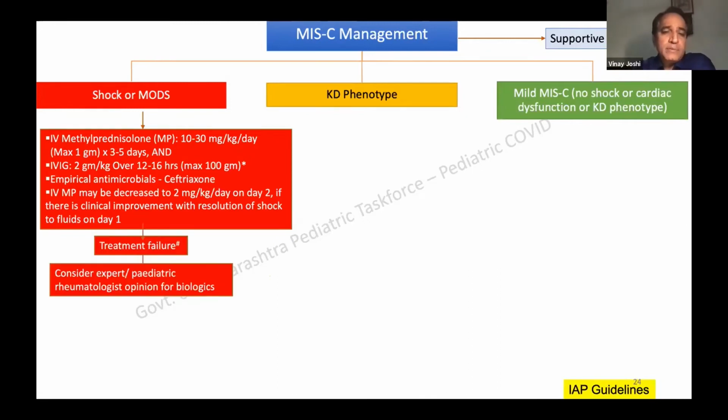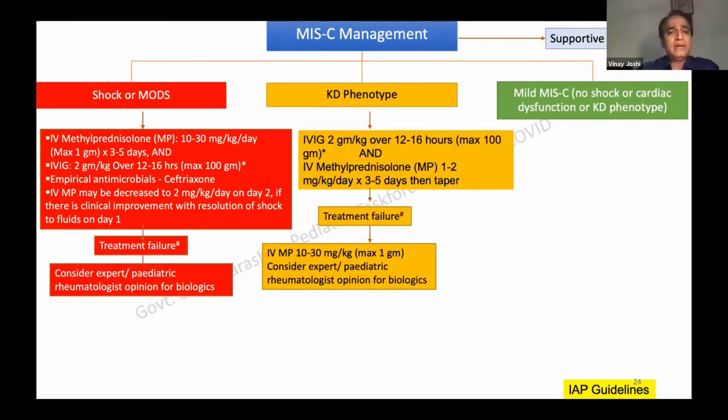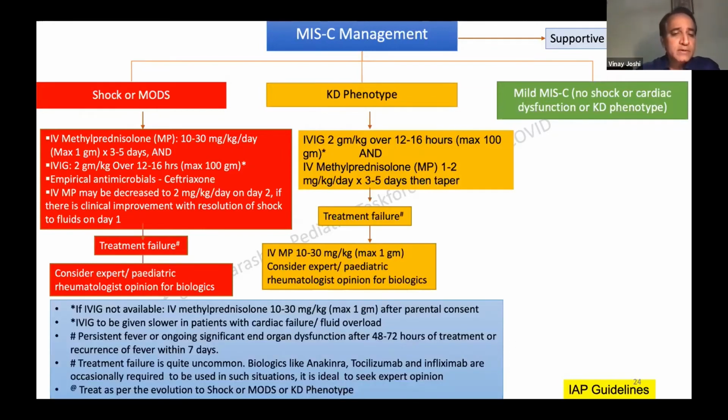If there is a treatment failure, which is defined as persistent fever or ongoing significant end organ dysfunction after 48 to 72 hours of treatment, or recurrence of fever within 7 days, then consider this a treatment failure and take expert or pediatric rheumatologist opinion for the biologics. We'll come to the biologics later.